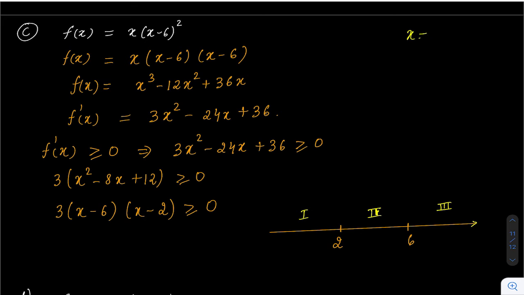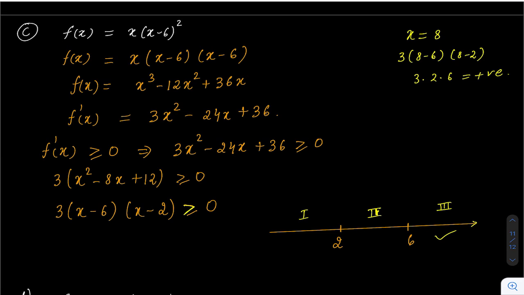You don't have to show this, but just for your understanding, I am showing you this. You can just do this orally also. So 3 into (8 minus 6) into (8 minus 2), you get 3 into 2 into 6. That is something positive, right? And we need this to be greater than 0. So it means this will be our answer.